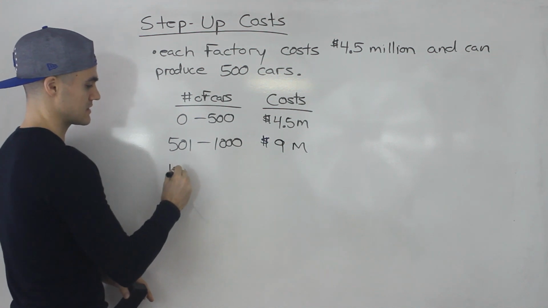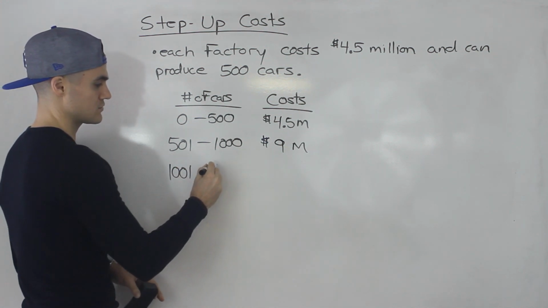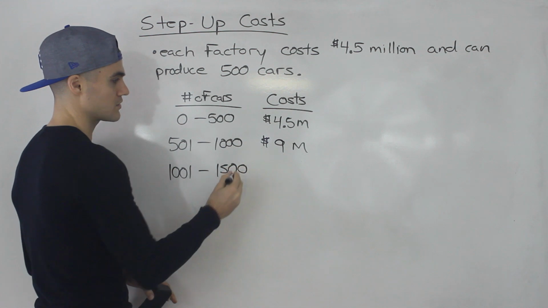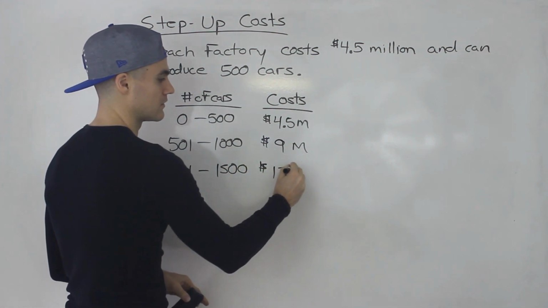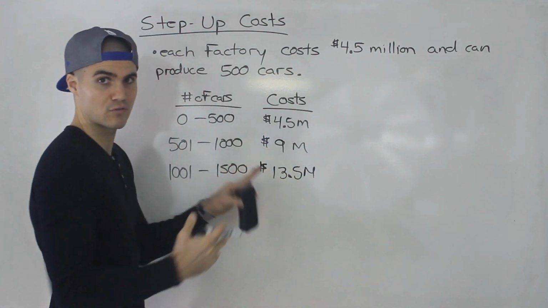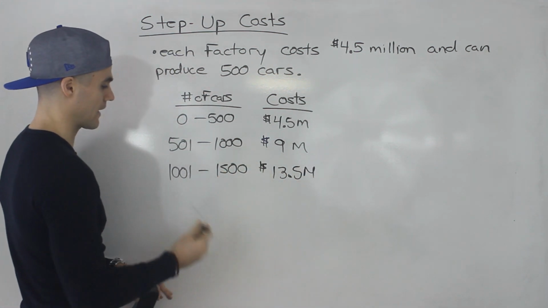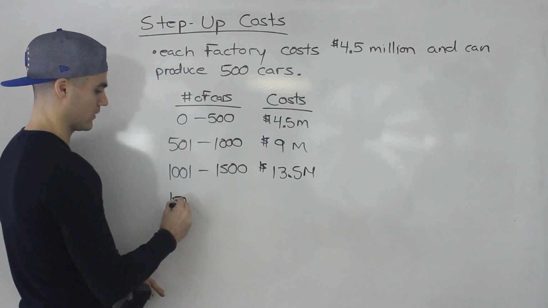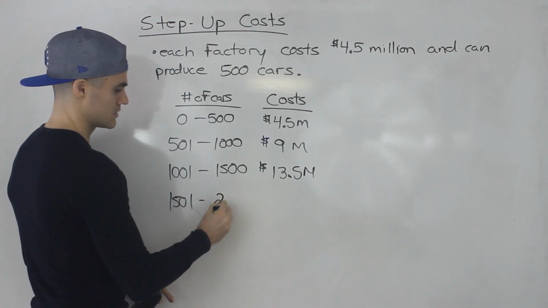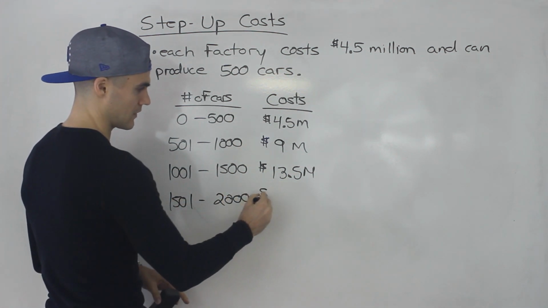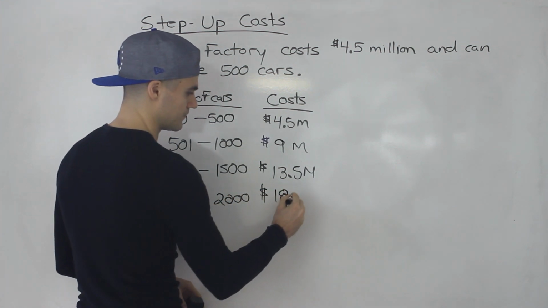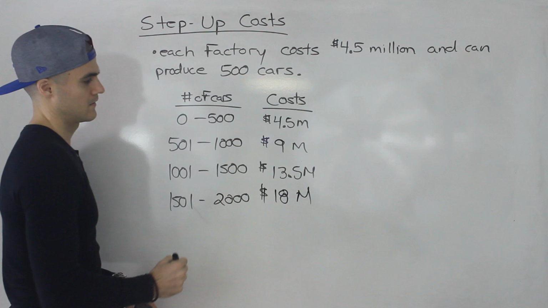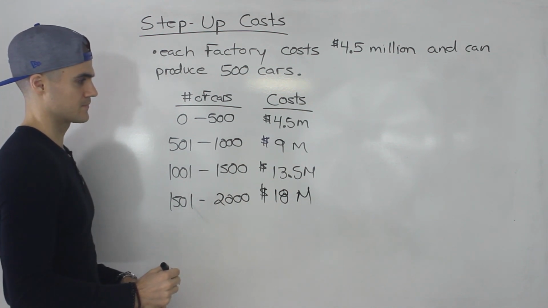And then from the 1001st car to 1500 cars, it's going to be 13.5 million. It just keeps going up by 4.5 million because we have to keep adding a factory. And then from 1501 to 2000, it's going to cost us 18 million.